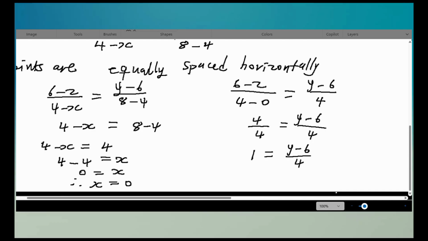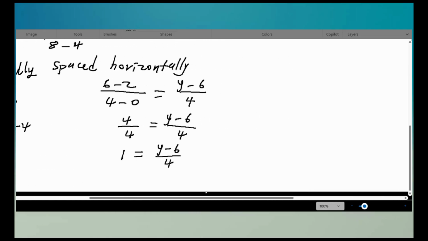From this we can make y the subject by multiplying the terms in the equation by the LCM.